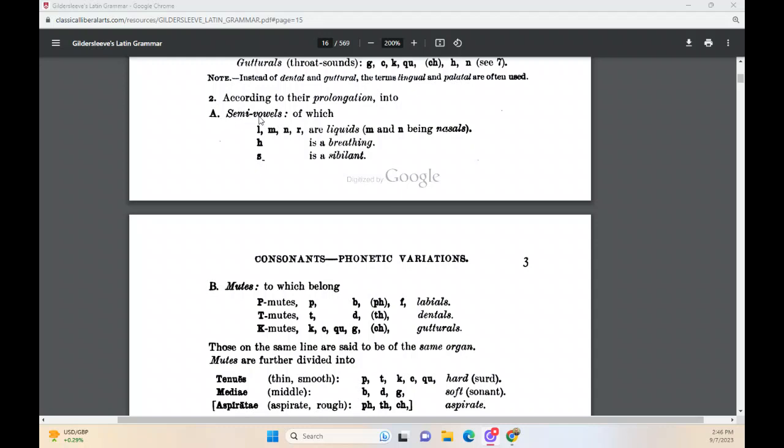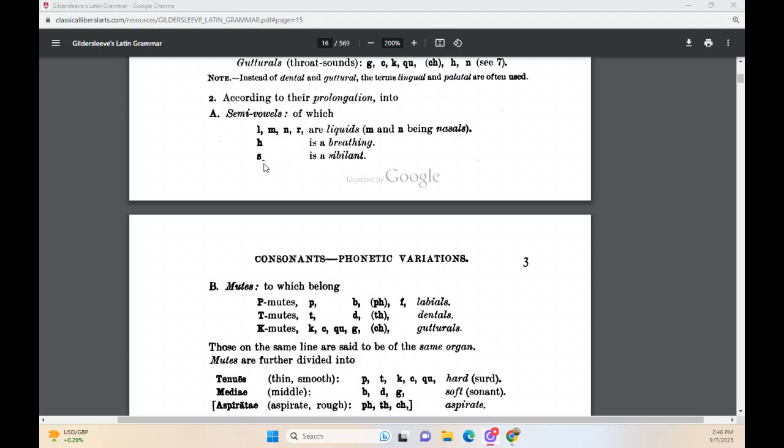Now, among semivowels, we've got three different kinds. We've got four consonants that are called liquids. We've got one that's called a breathing sound and one that's called a sibilant. The liquids are L, M, N, and R. The letter ha is called a breathing sound, obviously because we use breath to make that sound.